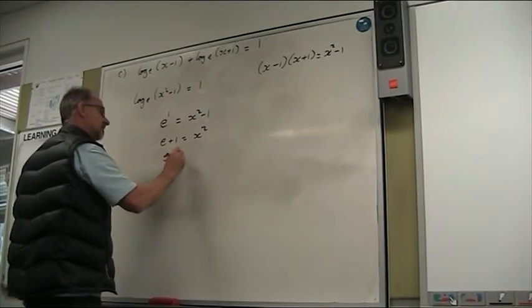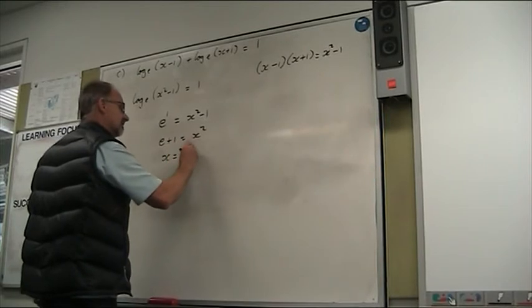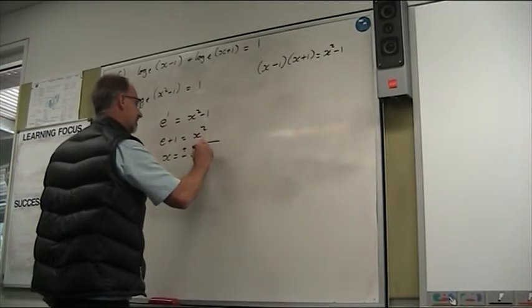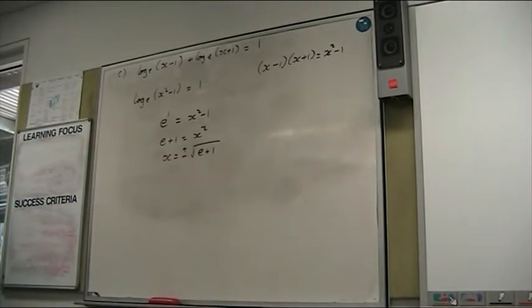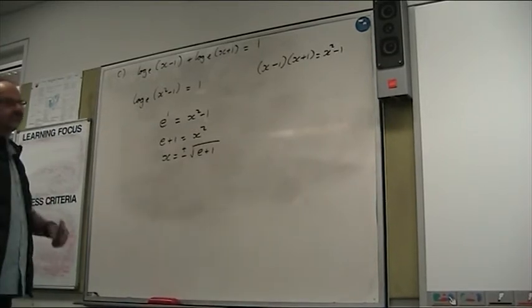When we square root it to get rid of the squared, we get two possibilities, plus or minus the square root of e plus 1.